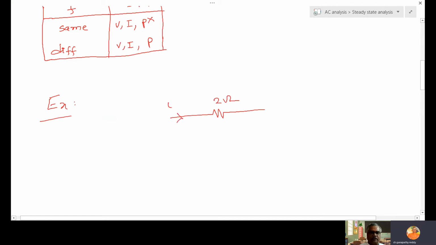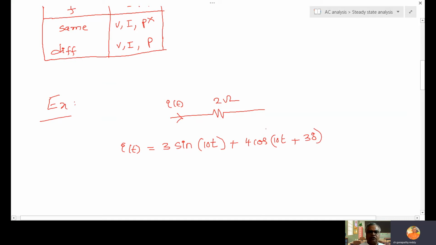I am sending a current i of t, which is 3 sin 10t plus 4 cos 10t plus some angle, maybe 30 degrees.